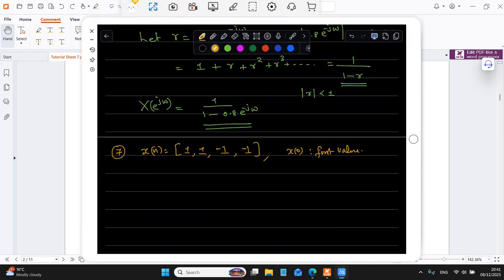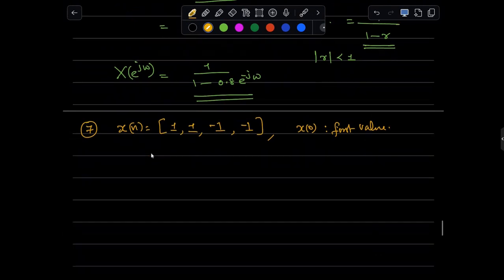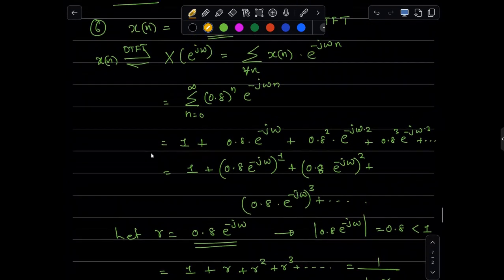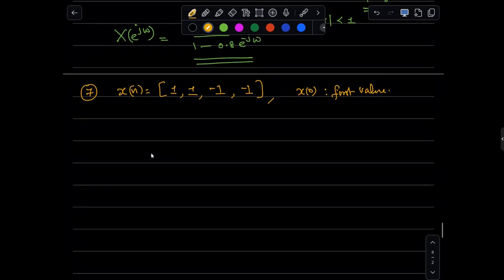We use the same formula as before: X of e power j omega is the summation over all n of x of n times e power minus j omega n.